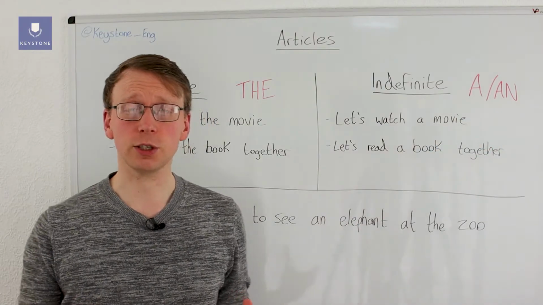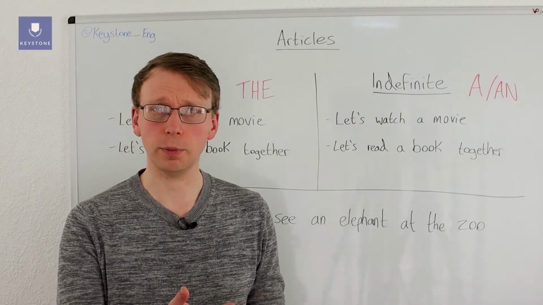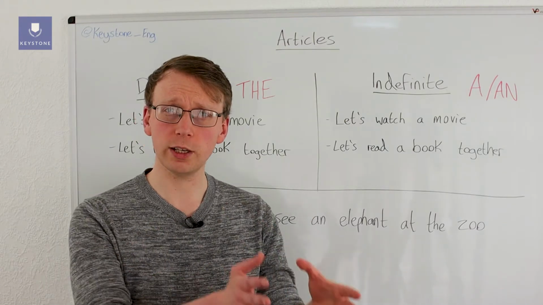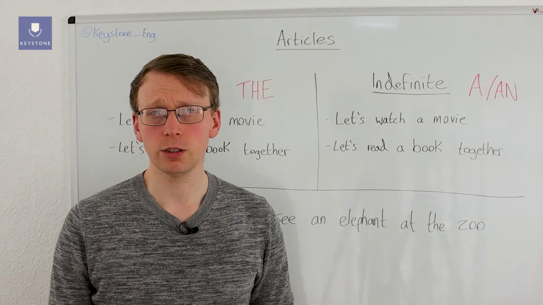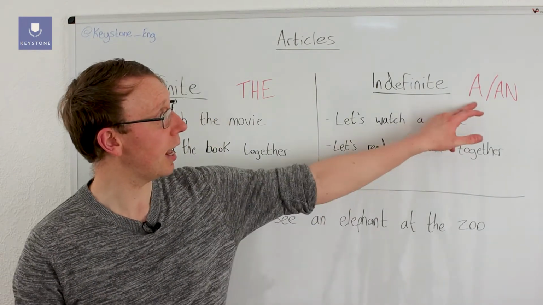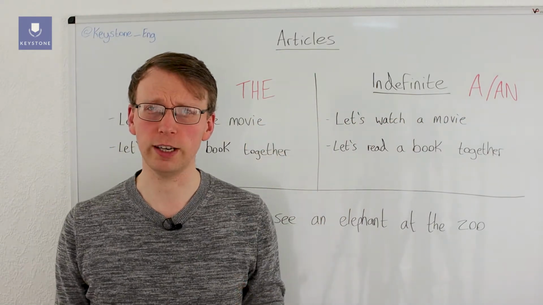Now we place articles before a noun. So a noun is a person, a place, or a thing, and the article will usually come before the noun to modify it. So in general terms, you would place an article, either a, an, or the, before a noun.